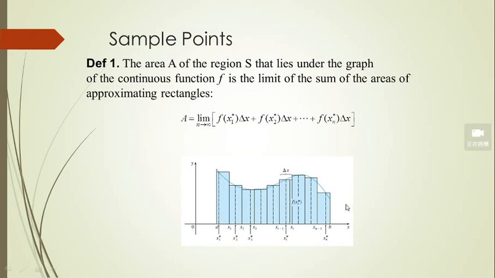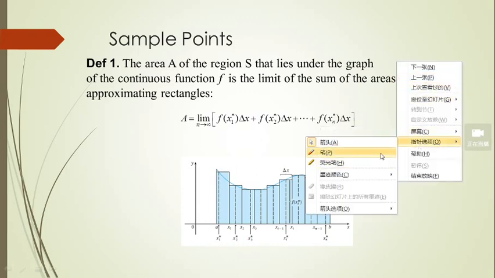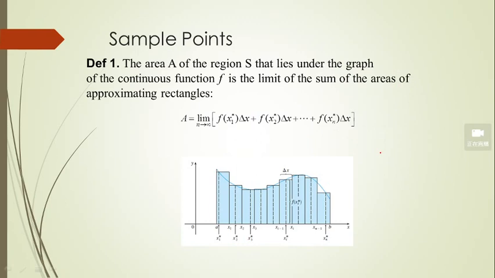Then this forms the height for the first rectangle. This height of the rectangle is f(x1 star). Then the area for the first one should be f(x1 star) times delta x, right?